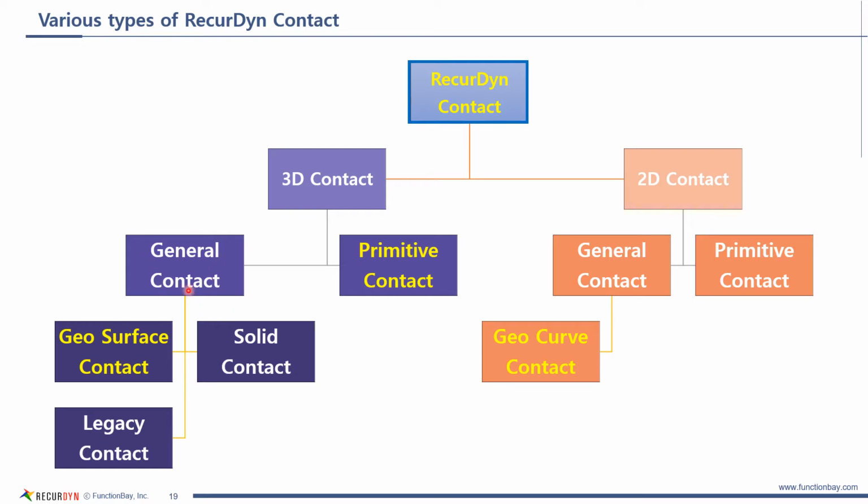General contact is divided into Geosurface Contact and solid contact and legacy contact. 2D contact is divided into general contact and primitive contact. In most cases, you just need to use Geosurface Contact and primitive contact for 3D contact, and GeoCurve contact for 2D contact.